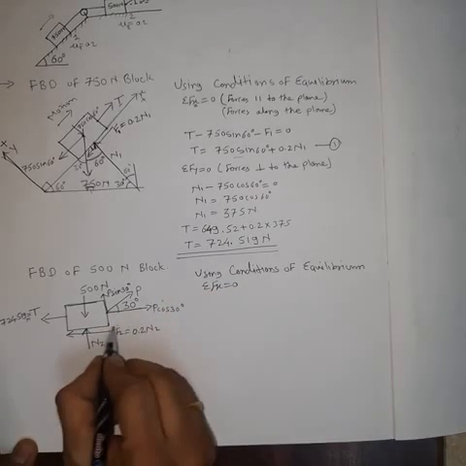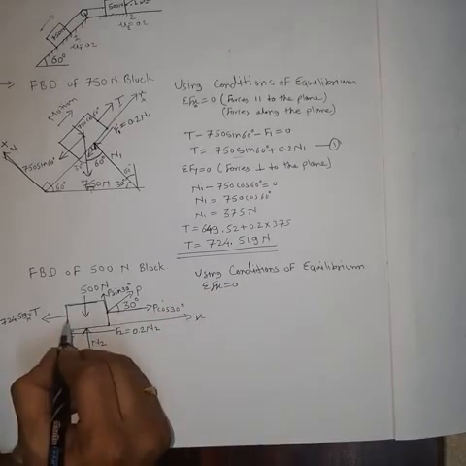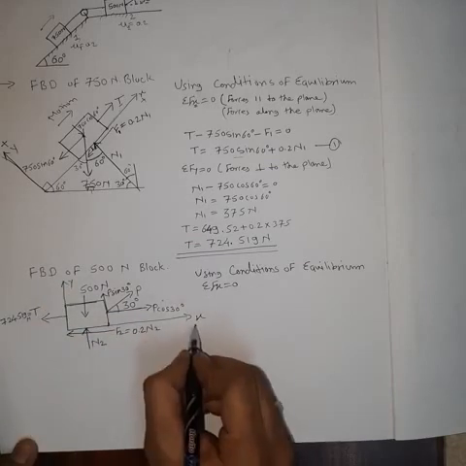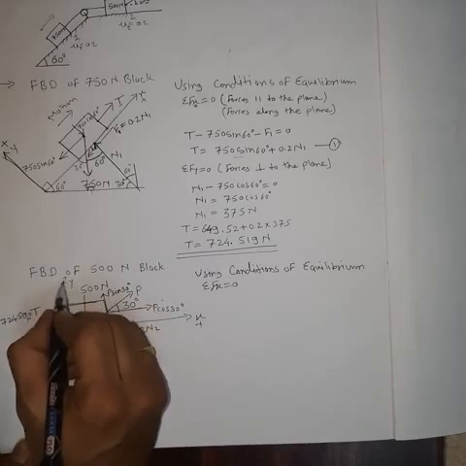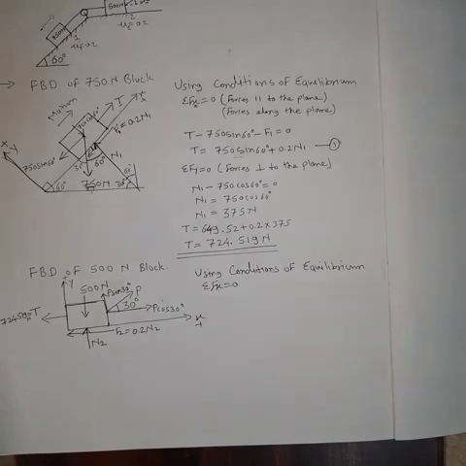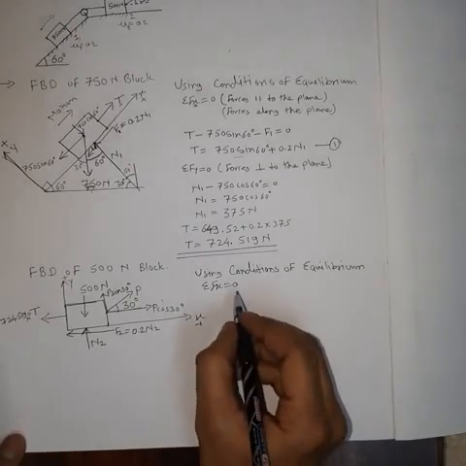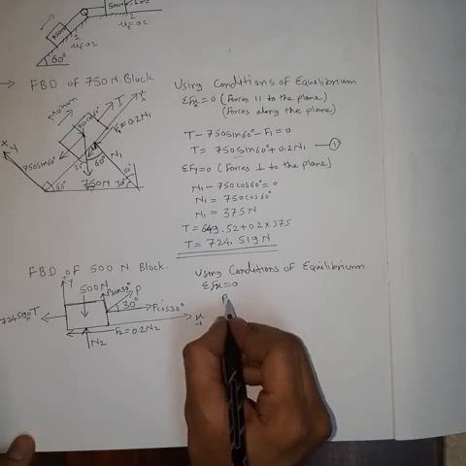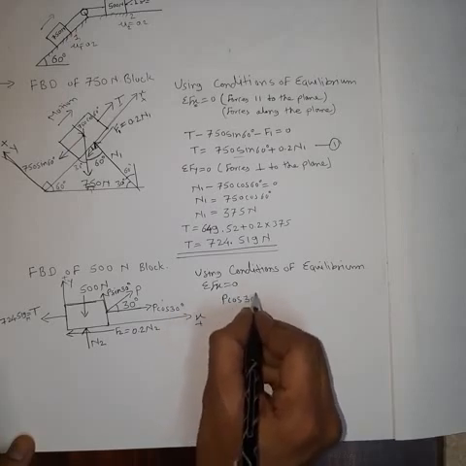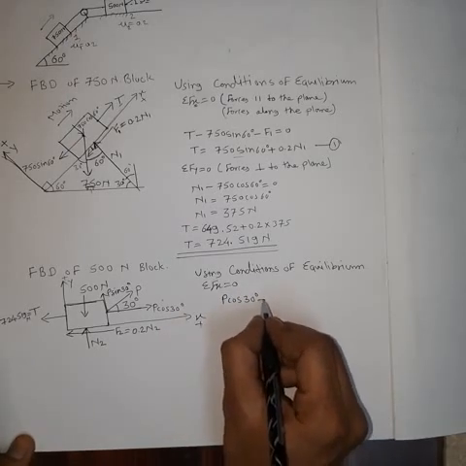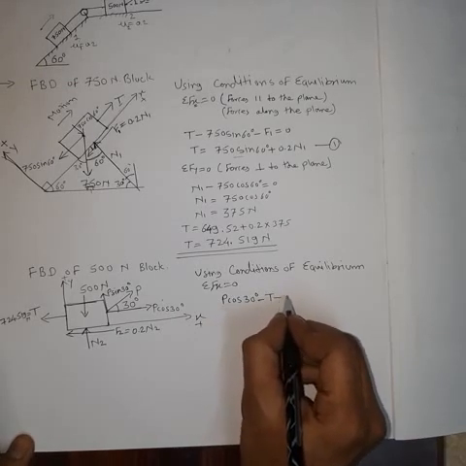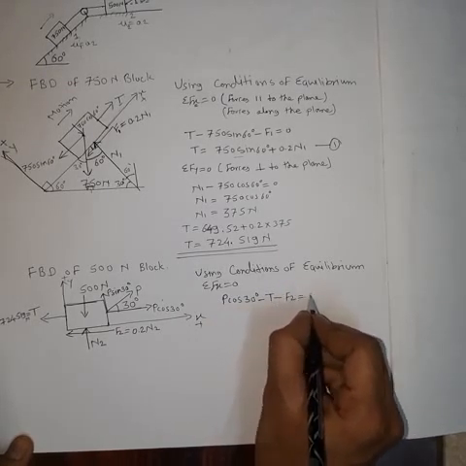Now here directly this is the x direction and this is the y direction. This is positive x and this is positive y direction. So whatever forces are in this direction we will take as positive in this summation Fx. So that will be P cos 30 degree minus T minus F2 is equal to 0.